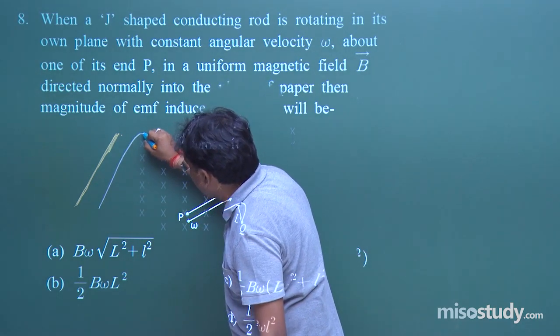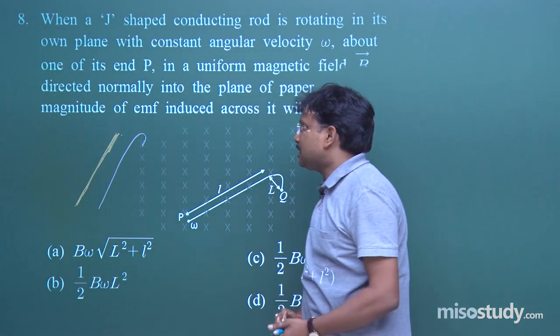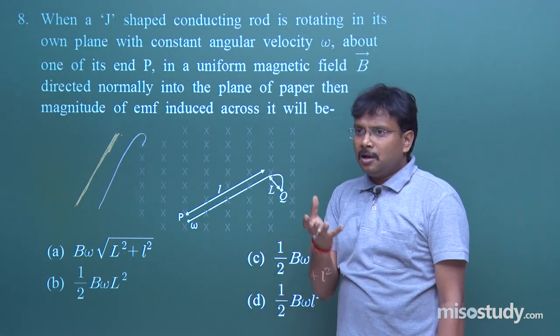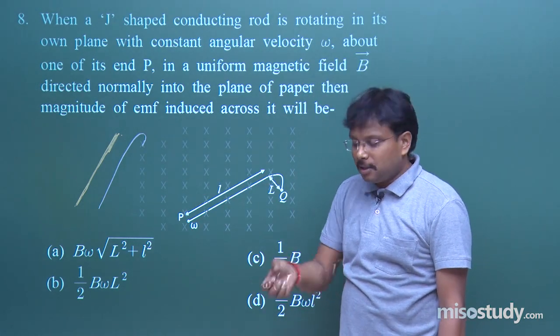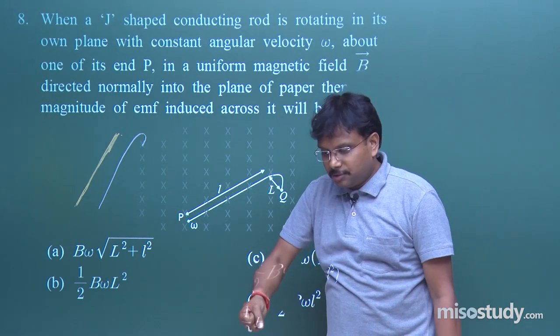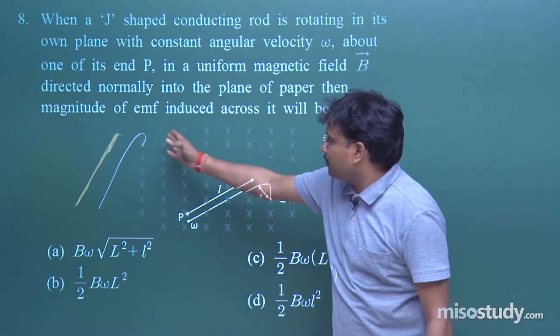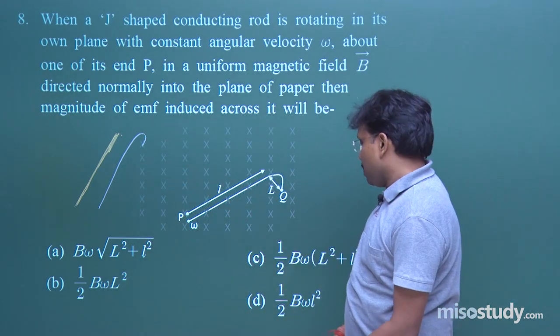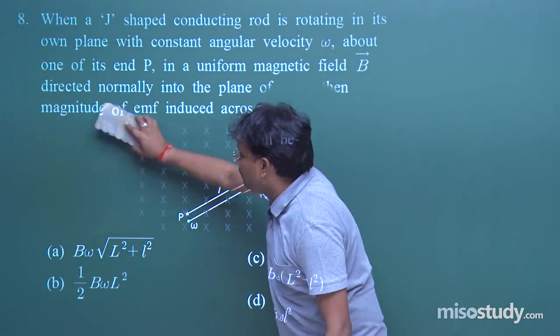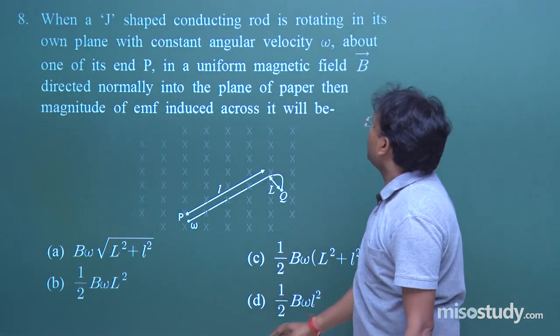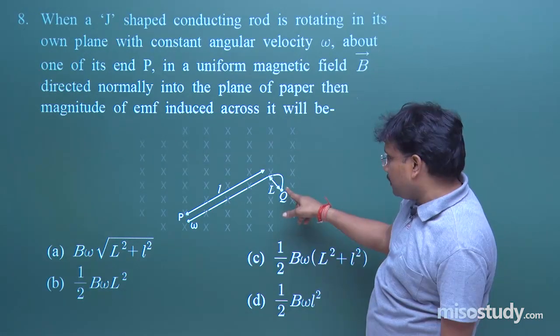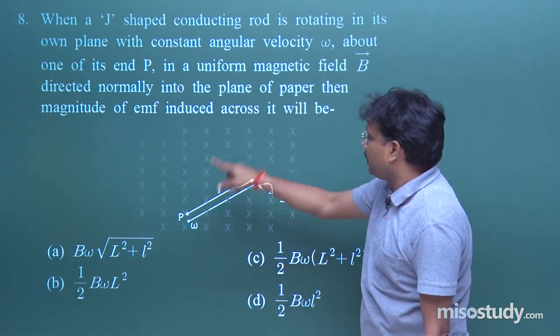J-shaped means the rod is like this. I am sure you must have noticed this type of wooden stick with old people. They use it to support their movement, fine. So, something like this. So, a J-shaped conducting rod is rotating in its own plane. This is the situation, rotating like this.